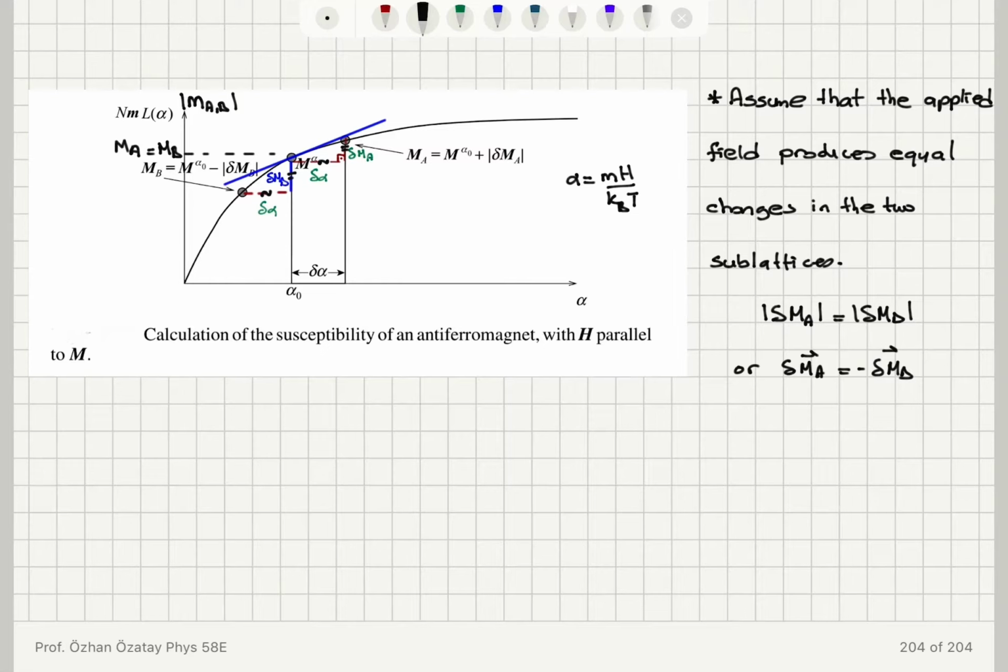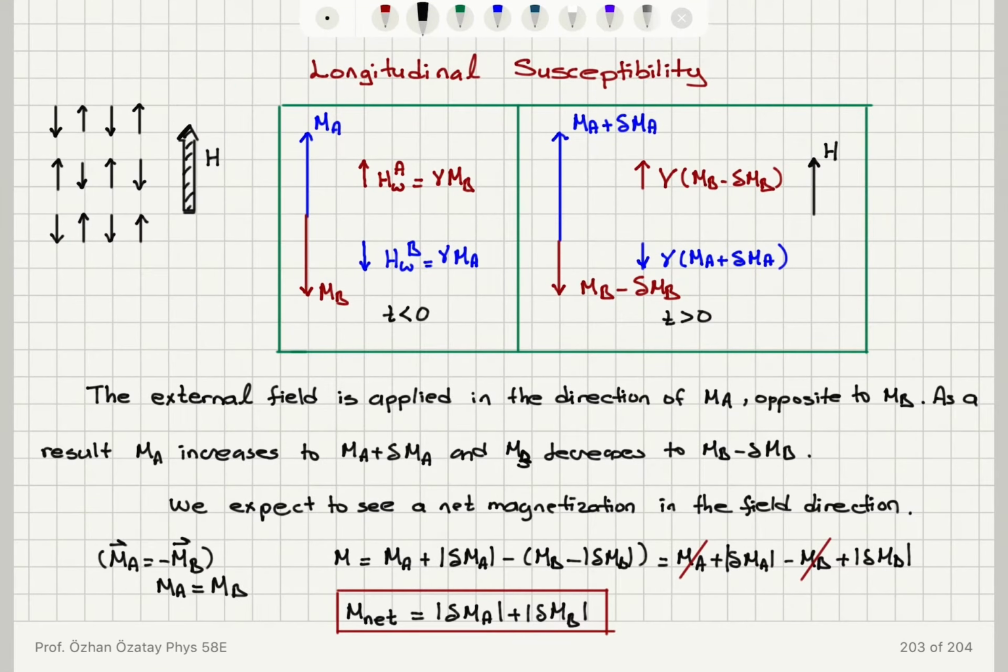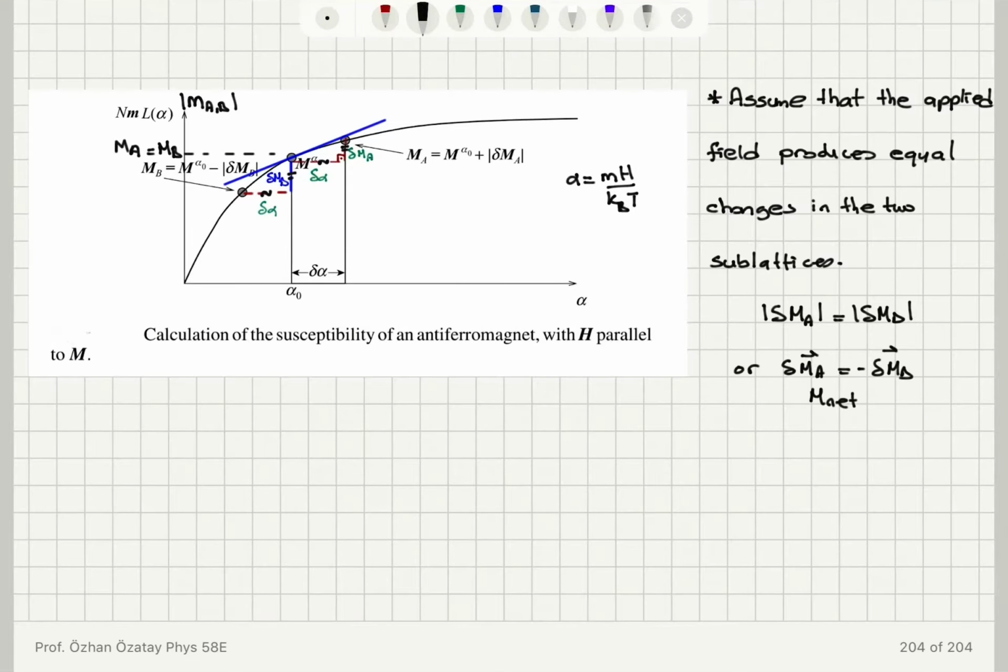And that will give me, for the net magnetization, M net, remember it was delta MA plus delta MB, this is going to be equal to twice delta MA. So this will be my net magnetization, twice the change in the A sublattice magnetization.